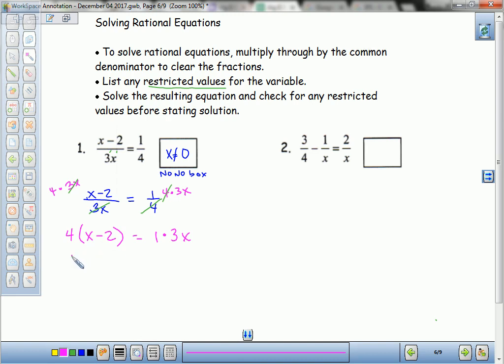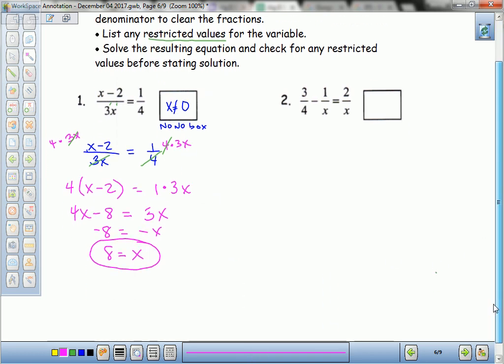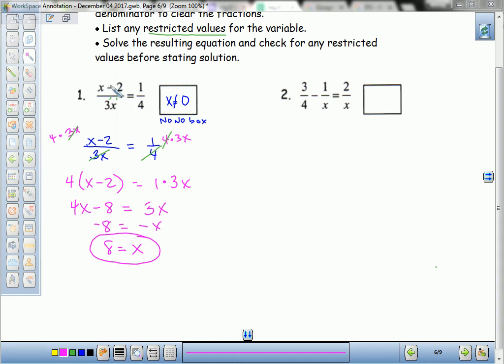Then we will distribute, and solve this very simple equation. I will move my variables to the other side and either multiply or divide by -1, and I get x equals 8. Was 8 a restricted value? No. So that is a solution. Now, let's check it. To check it, you could plug it back in. 8 minus 2 over 3 times 8.